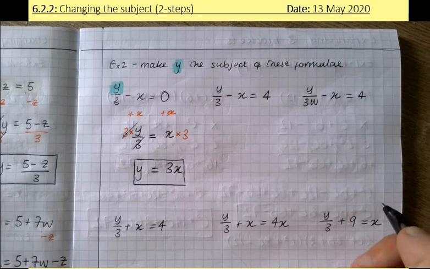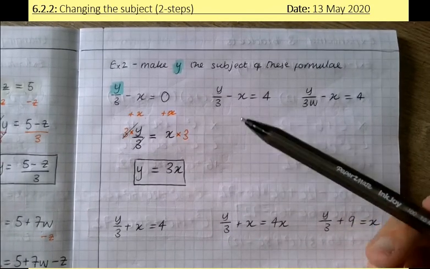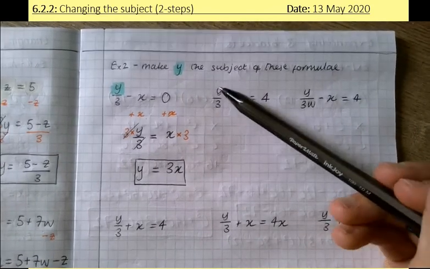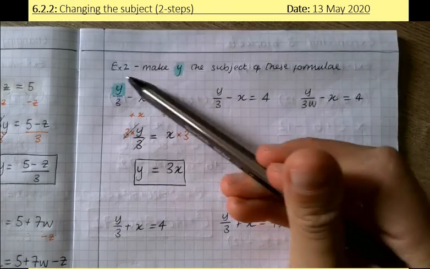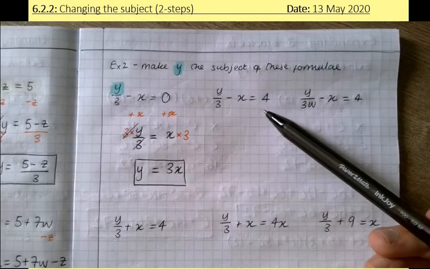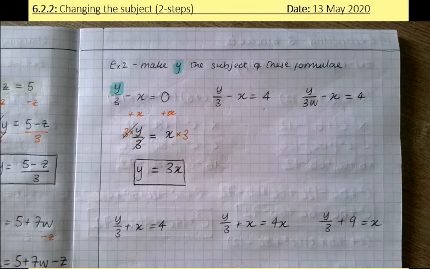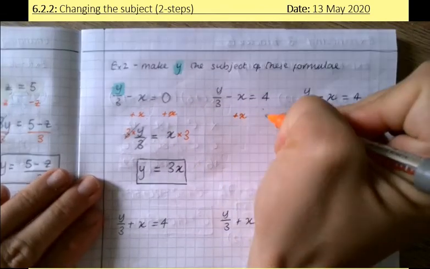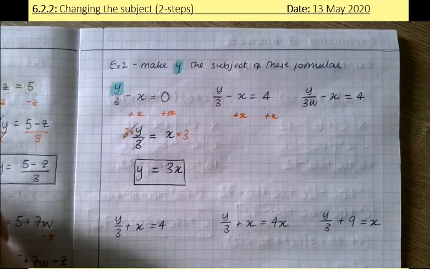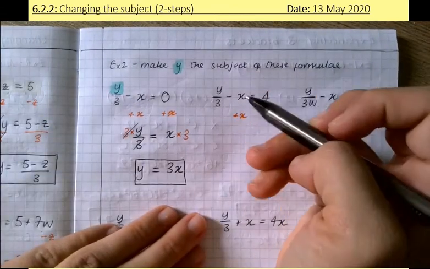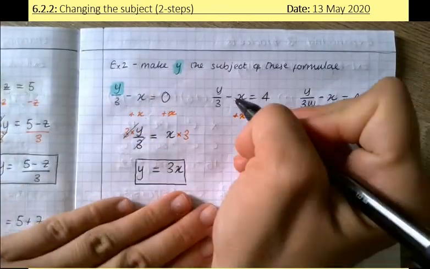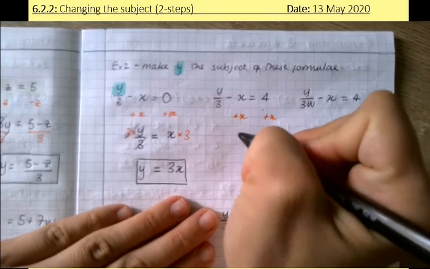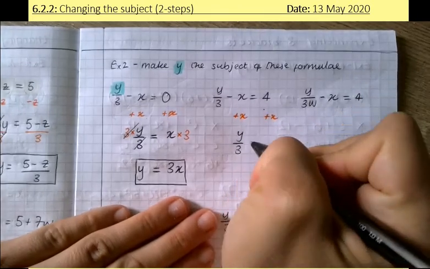So my answer is y equals 3x to this question. In the next one, very, very similar. I have y over 3 subtract x, the same as before, but this time it's equal to 4. So the first thing I'm going to do is eliminate this subtract x term by adding x to both sides. That's going to leave me with, on the left-hand side, my subtract x and add x cancel and give me y over 3.